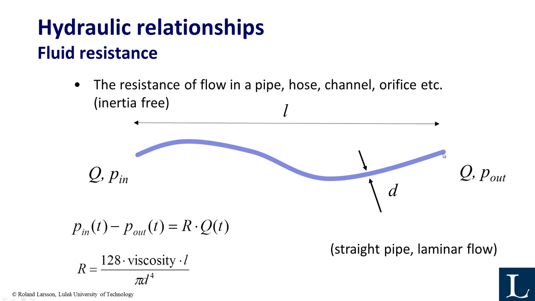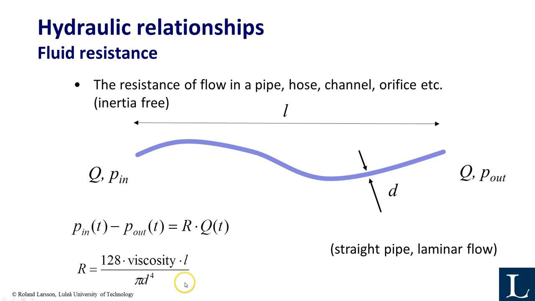In the resistive model, the relationship is just that there is a pressure drop because there is a resistance to flow through the pipe or hose, especially if it is very thin or of small diameter. The difference between the pressure out and in is simply a resistance, a constant, multiplied by the flow.